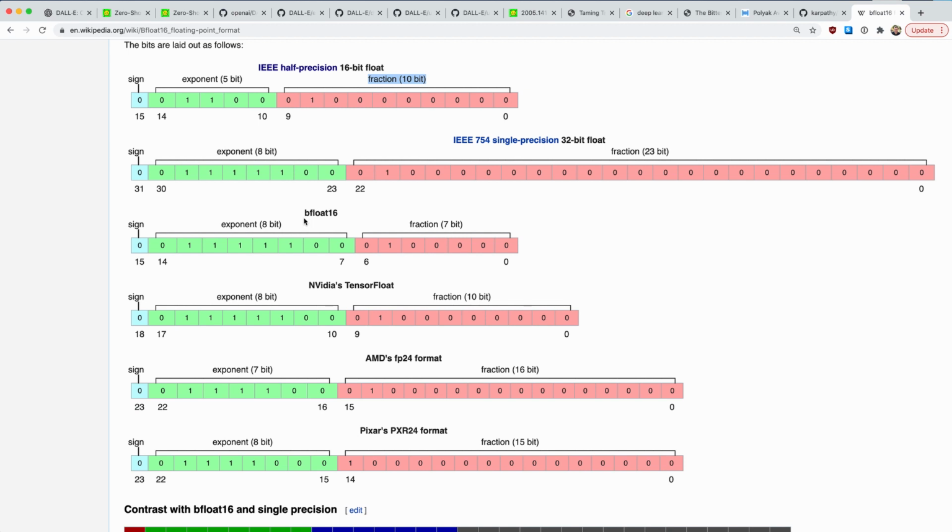So the TPUs and also the newer A100 Ampere GPUs from NVIDIA actually support an alternate 16-bit floating point format that allocates 8 bits to exponent and only 7 bits to the fraction. And I just wonder, for people trying to duplicate this work a year from now on something that supports this BF16 alternate format, if that would make a lot of these problems magically go away.